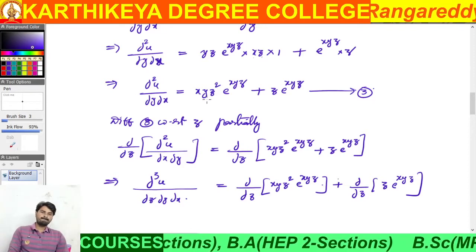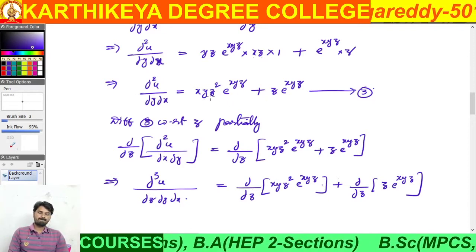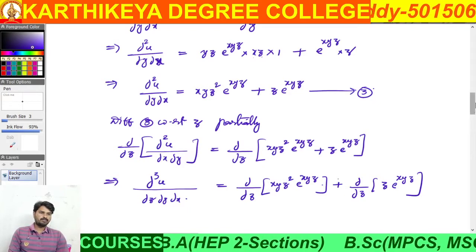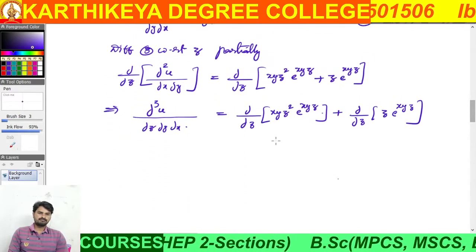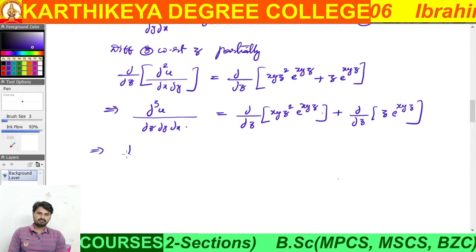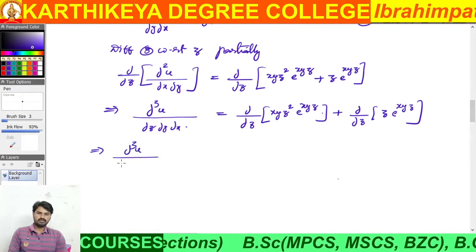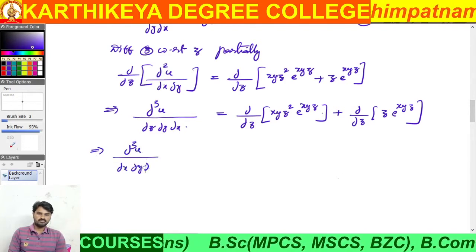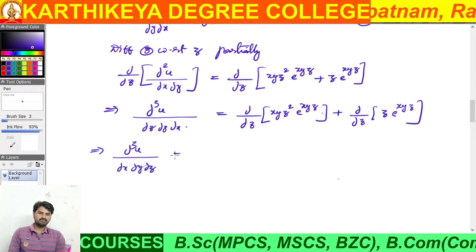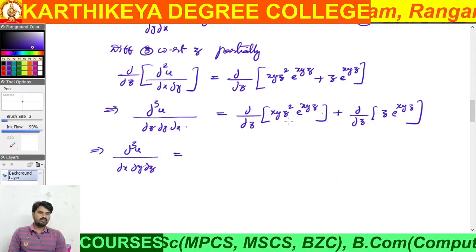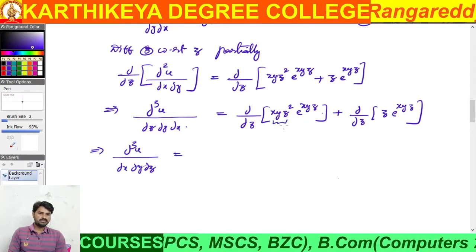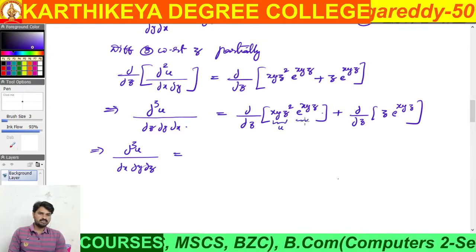Now ∂³u/∂x∂y∂z. Here the first term will be of the form u into v. Let us take this as u and this as v.